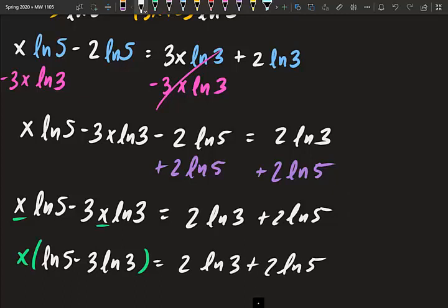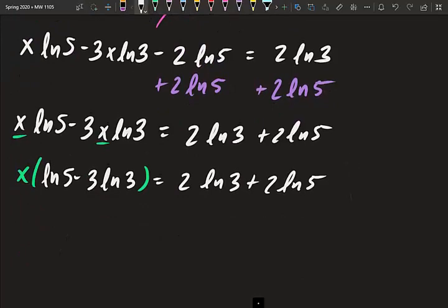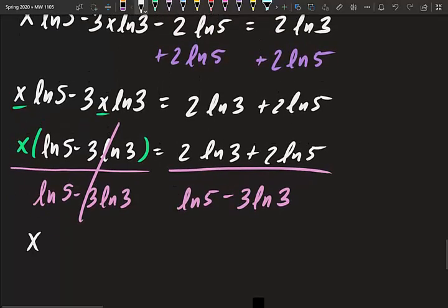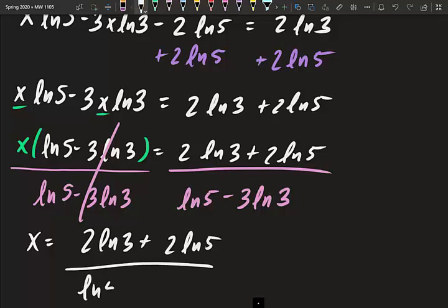And then we divide. So after we divide, we get our exact answer of x equals 2 ln 3 plus 2 ln 5 over ln 5 minus 3 ln 3.